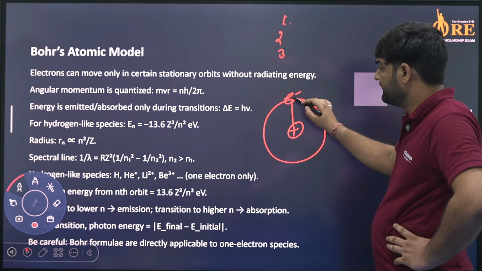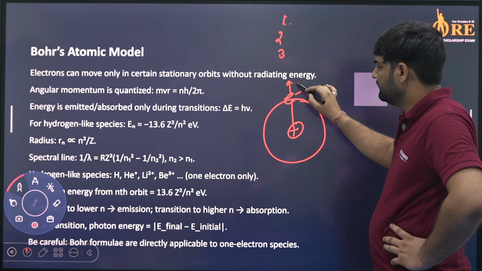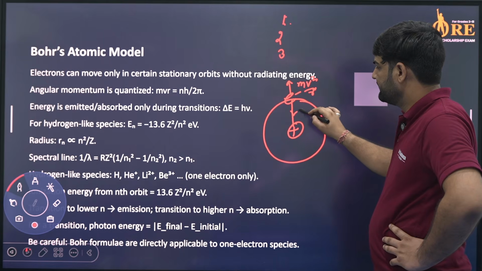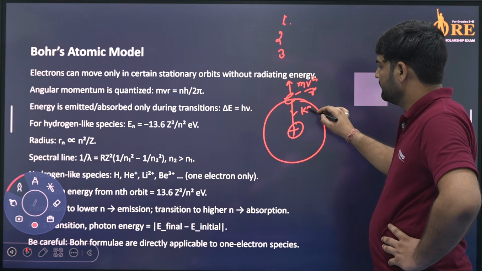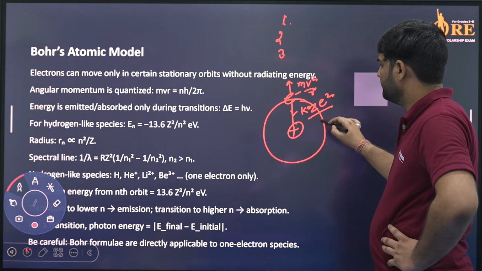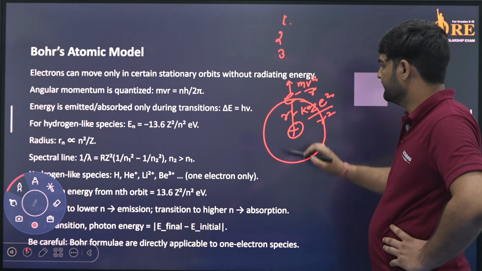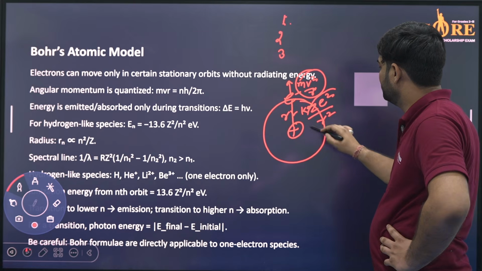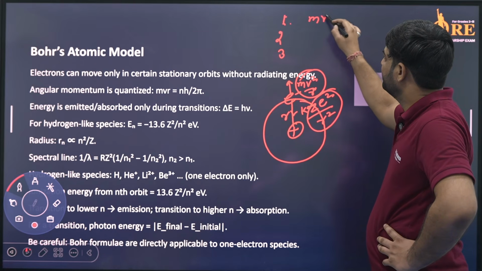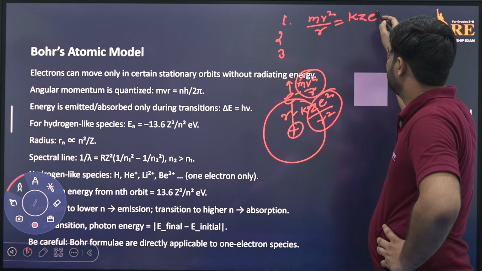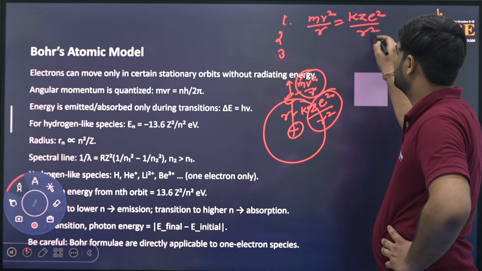When it is revolving in a circular path, you know mv square upon r equals k Ze square upon r square, if radius is r. So he told that this force will be balanced by this. So this will be mv square upon r equals k Ze square upon r square.